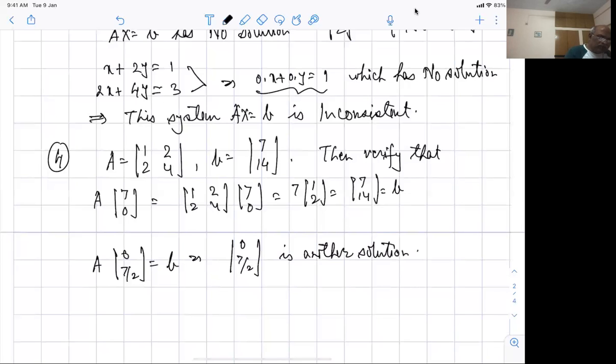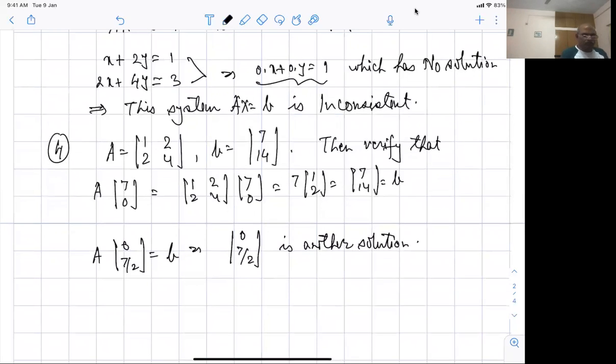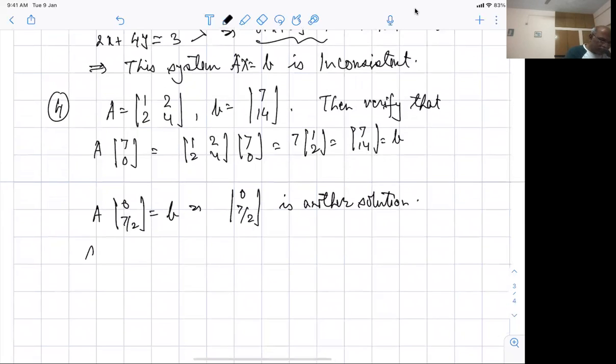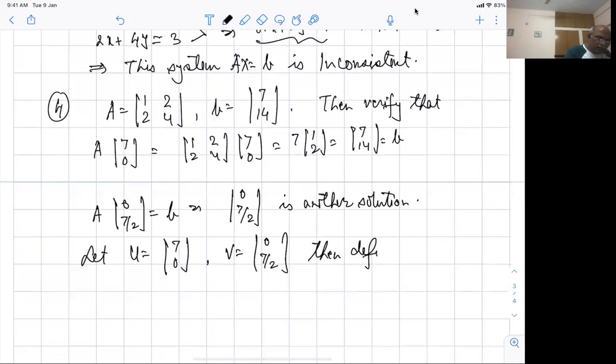So you can have more than one solution, and not only that, if I look at the difference of these two solutions, let u be (7, 0) and v be (0, 7/2), then define y equal to u minus v.